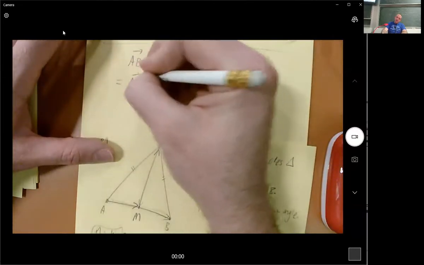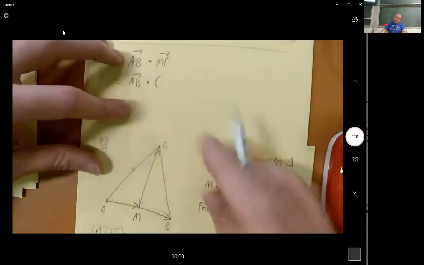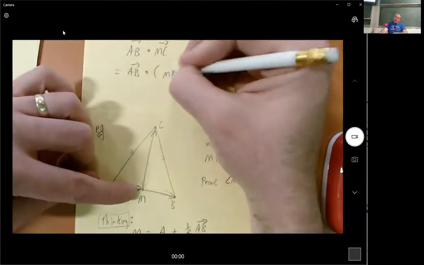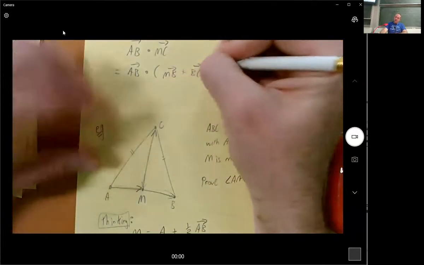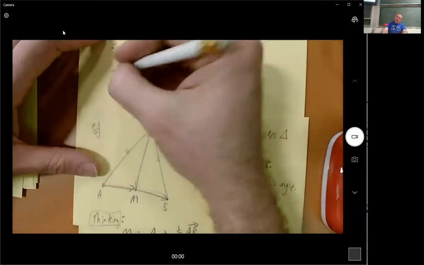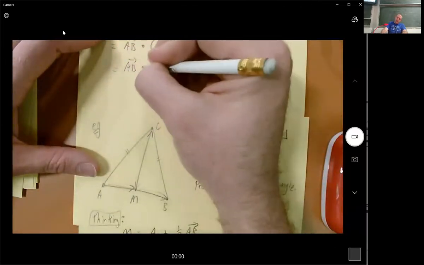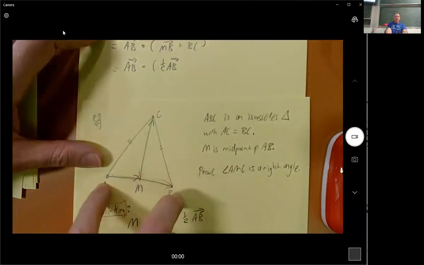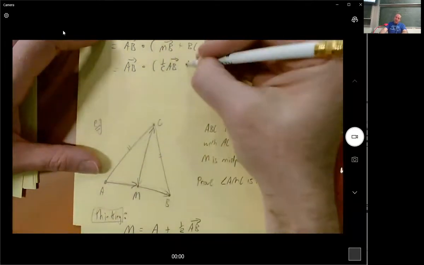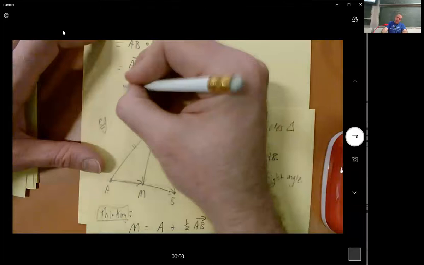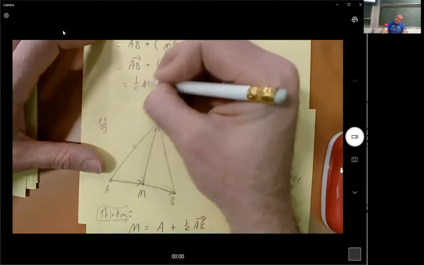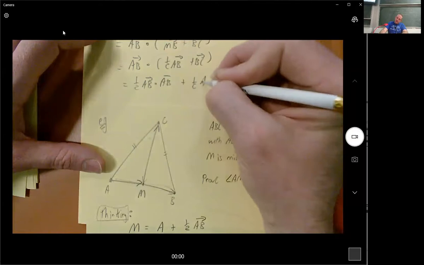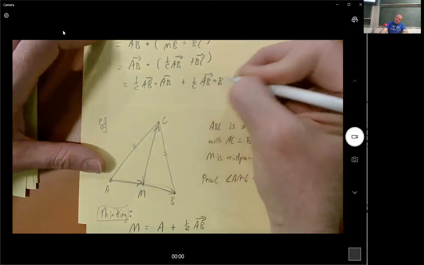Now MC is MB plus BC. And MB is half of AB, right? This vector is half of that vector. And so what I've got is half of AB dot AB plus a half of AB dot BC.